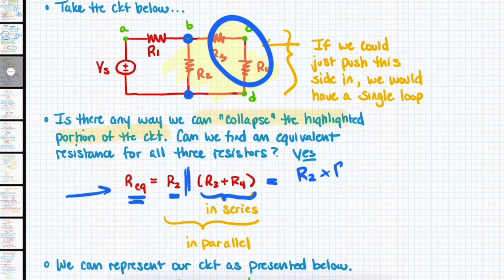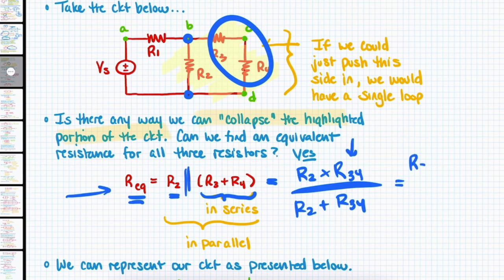Let me call this R34, because it's the combination of 3 and 4. R2 plus R34. And now we can replace the R34 with R3 plus R4.